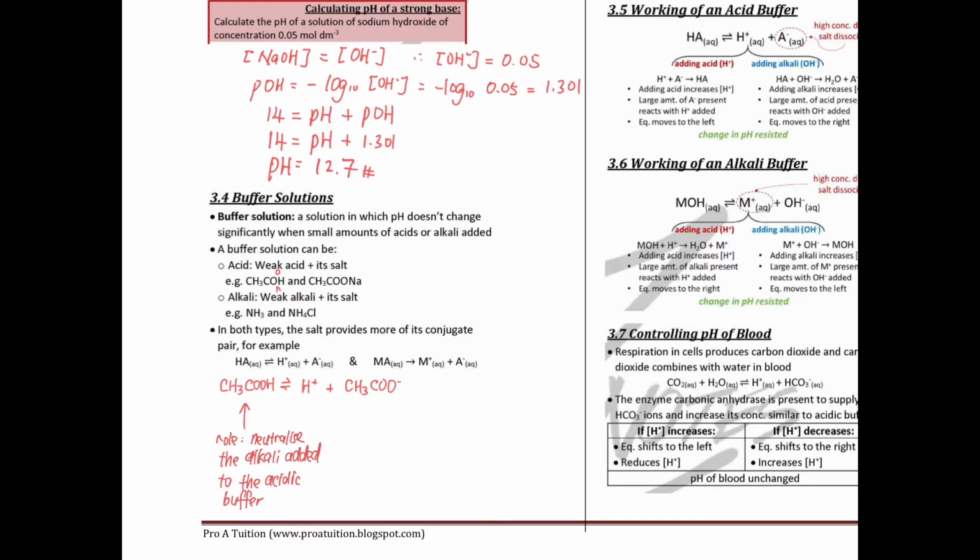Ethanoic acid is in charge of doing that. That is one thing you know already. If the buffer solution has alkali added to it, then ethanoic acid neutralizes it to avoid the change in pH.